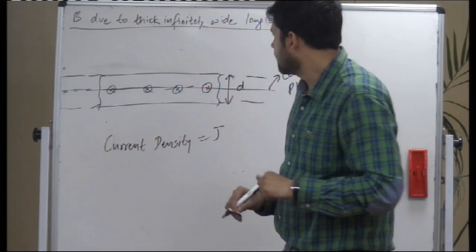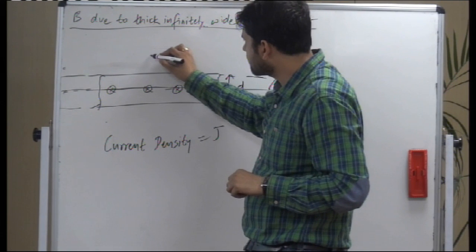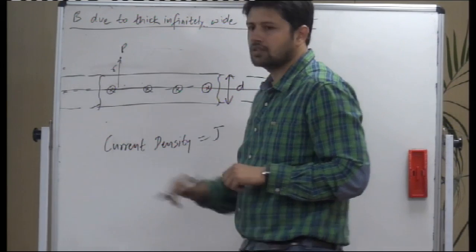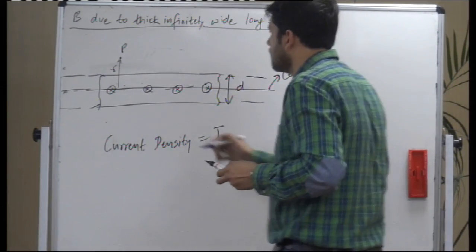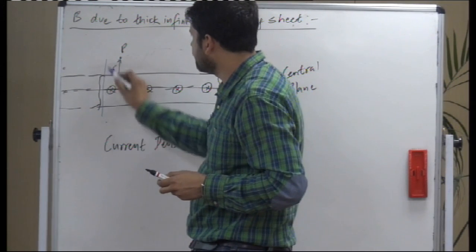For an outside point, let's say there is an outside point at a distance r. For this, the Amperian loop would be like this.